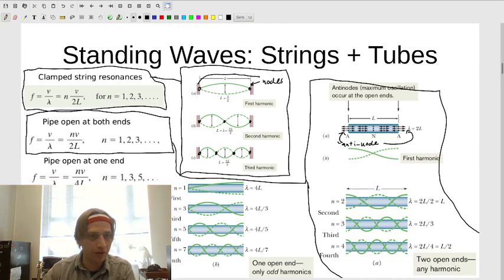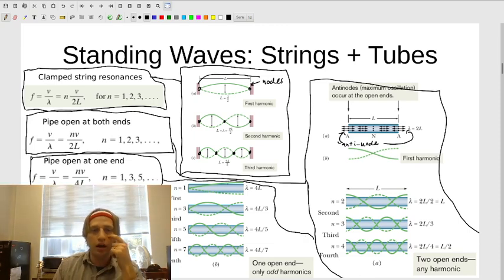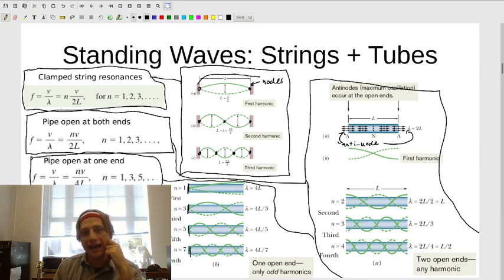It's a little different if we have a pipe open at one end. Then v also refers to the speed of sound in air, but we have one end, the closed end, that acts as a node, and the open end acts as an antinode.